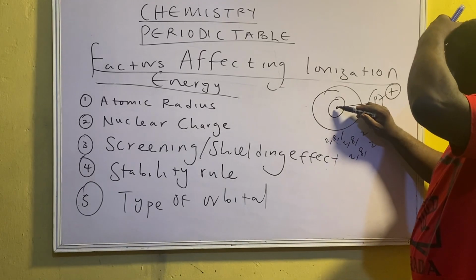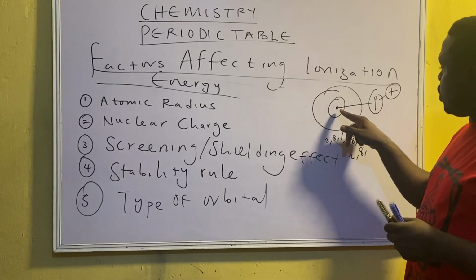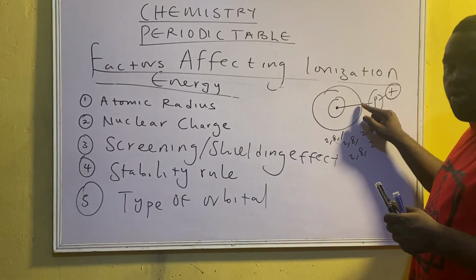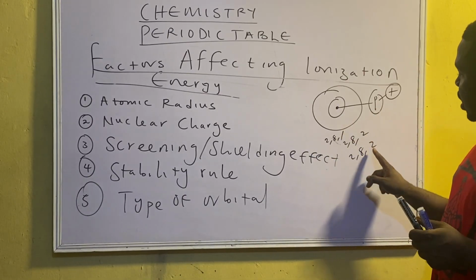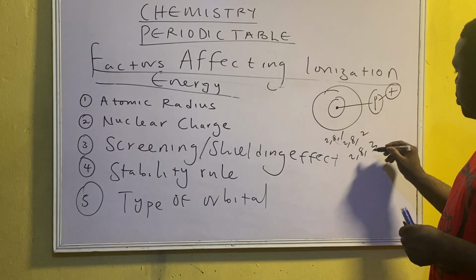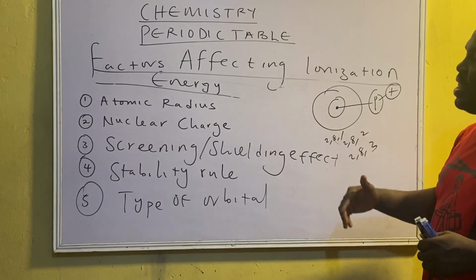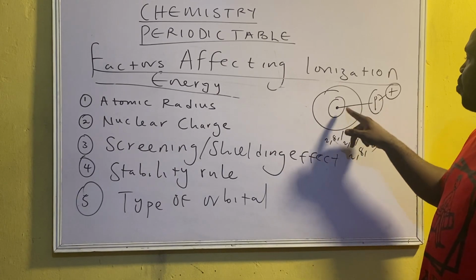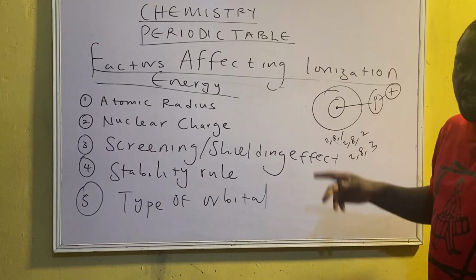Okay, so there's an attraction. We call it electrostatic attraction between the nucleus here and the outermost shell. So when the number of protons is increasing, the implication is that it increases the positivity, it increases the protons in the nucleus.